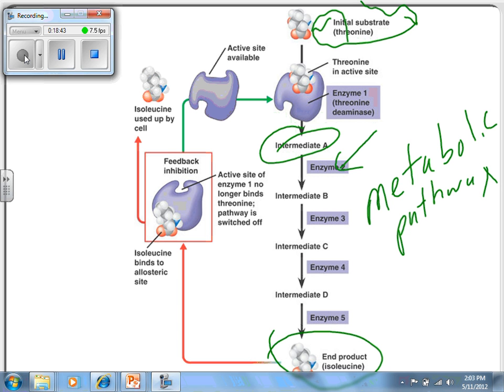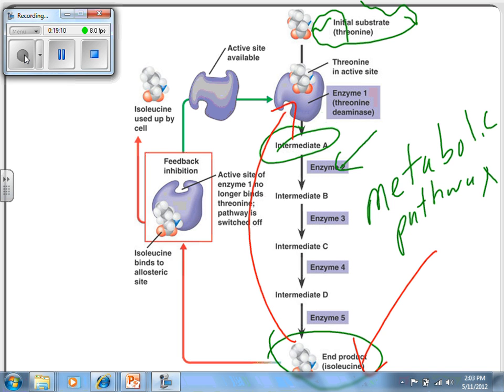So here's the thing. If you have enough isoleucine, it makes no sense to continue making more. So when you get up to a proper concentration, this pathway needs to turn itself off. And how that works typically, when the concentration gets to a certain level, the product of the pathway, in this case isoleucine, will bind to a little groove on the first enzyme in the pathway, or at least one of the early ones.